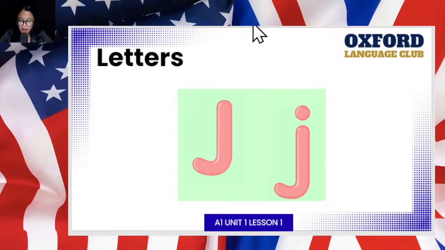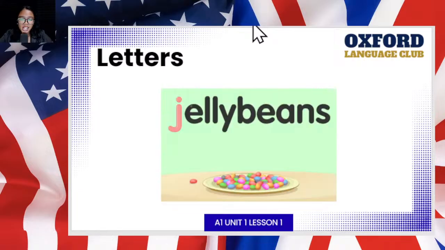Next, we have jelly beans. So these are small sweet candies. Again, what is our letter? Letter J. How do we pronounce it? G. What is our word here? Jelly beans.